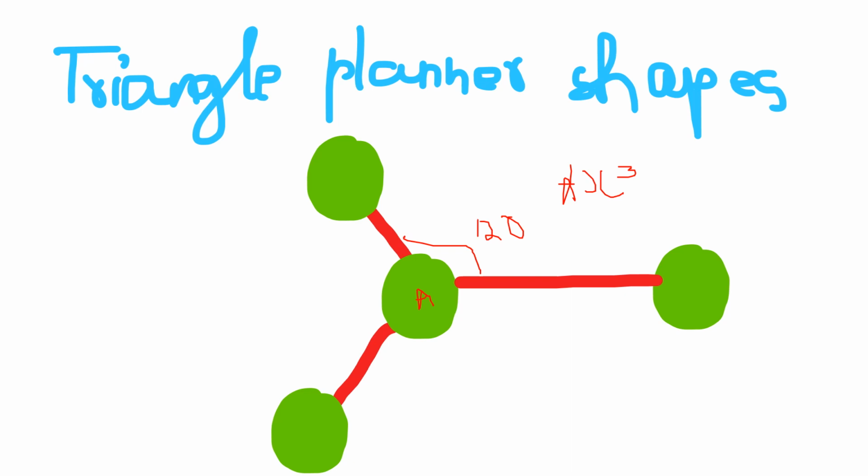Whenever we are talking about triangular planar shape, there is formation of 120 degrees. Examples of triangular planar can be BF3, C2H4, AlCl3 and more like that.